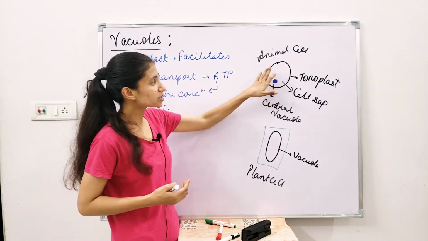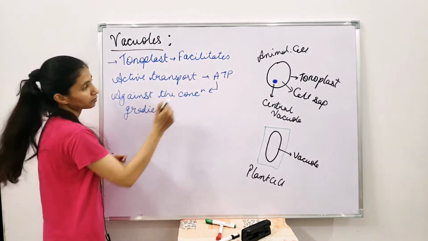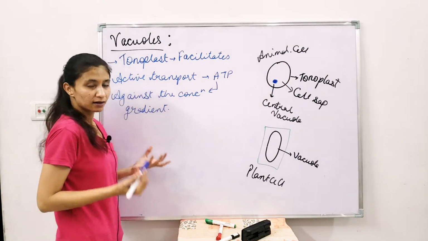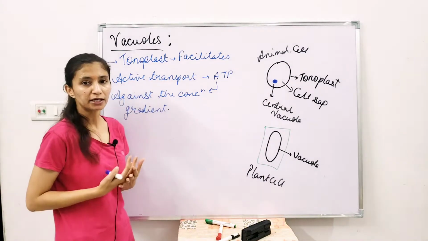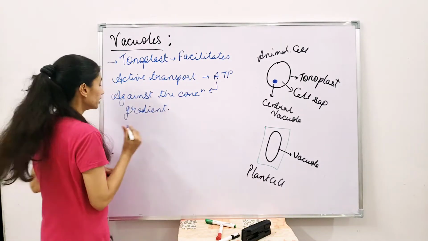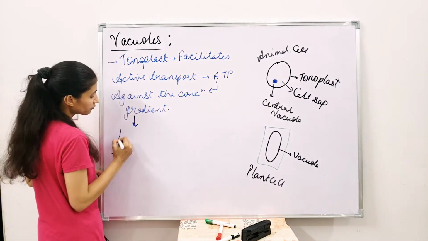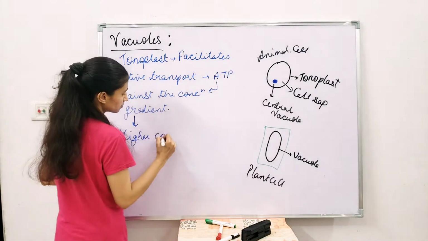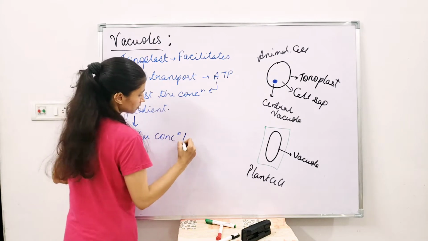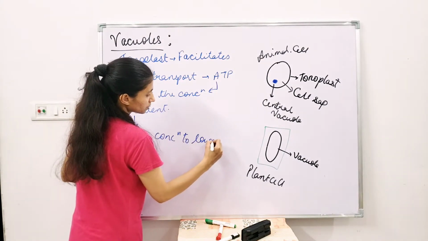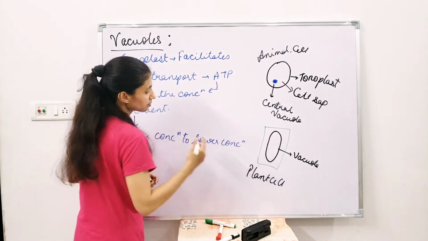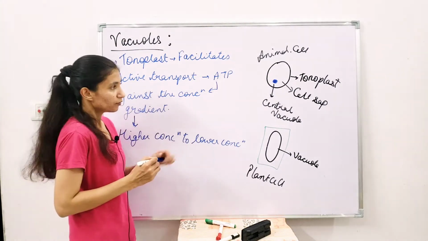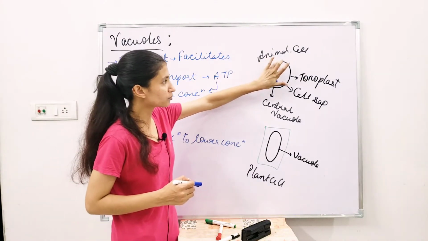The tonoplast will run the active transport, and all those materials will go inside with the help of ATP, always against the concentration gradient, meaning from lower concentration to higher concentration, so the materials move inside.